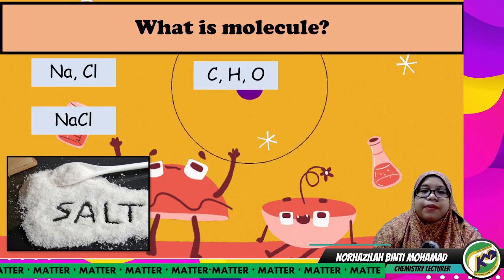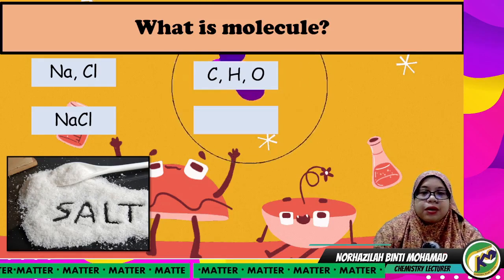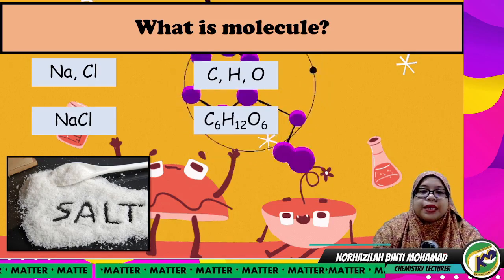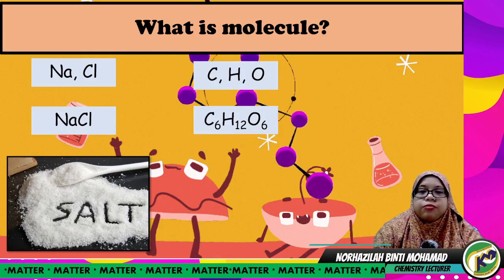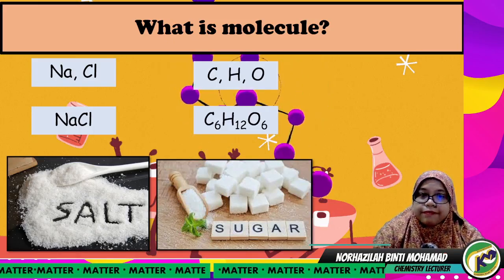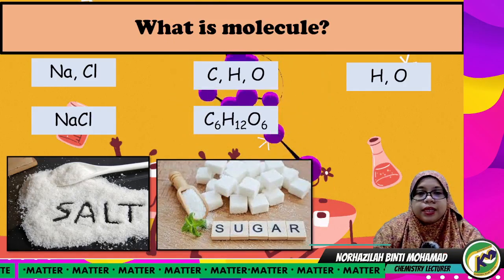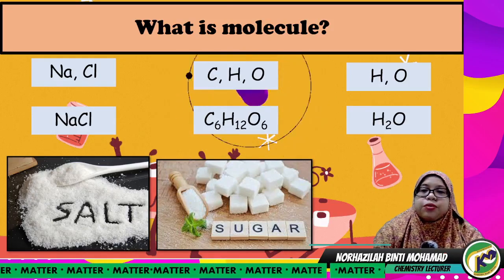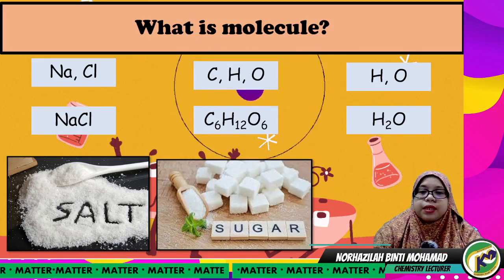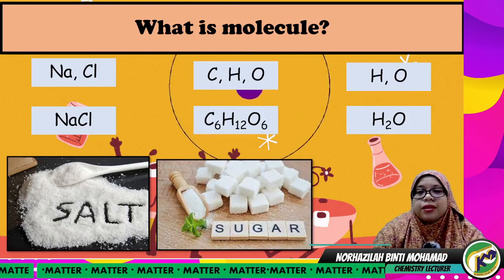By combining 6 carbon, 12 hydrogen and 6 oxygen, we form sugar. And how about hydrogen and oxygen? When we combine 2 hydrogen and 1 oxygen, we form the molecule H2O, which is water.